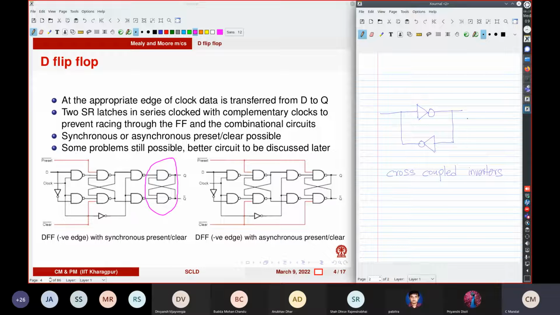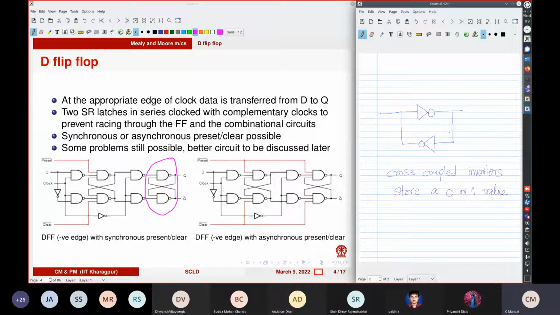So it can store a value, a 0 or 1 value.